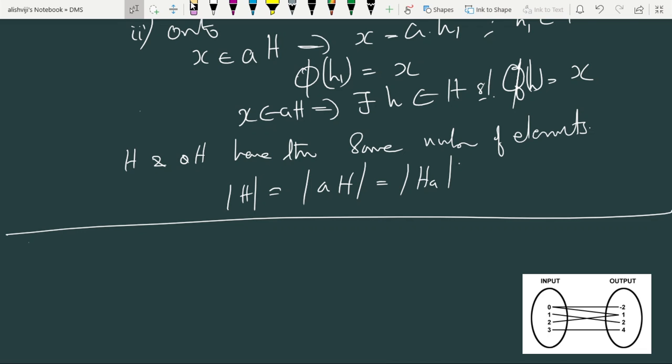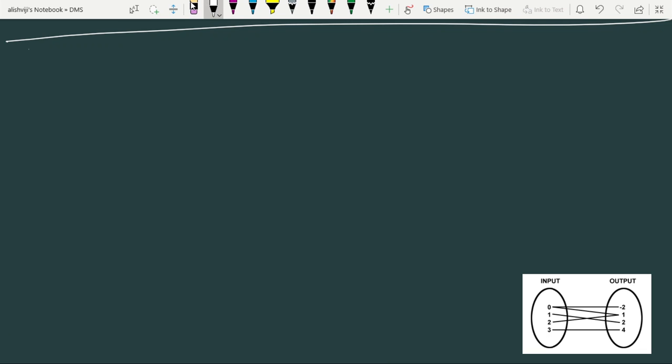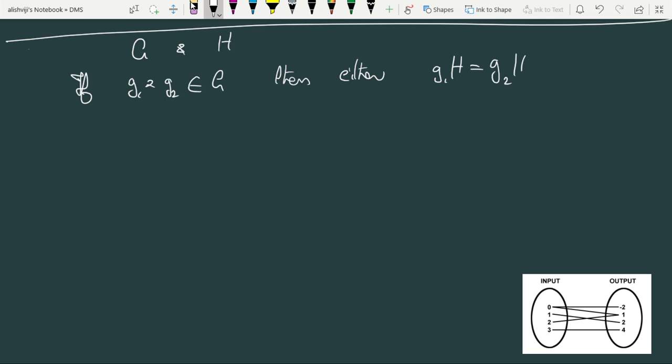And now let's consider a finite group G and a subgroup of G called H. What we are going to prove is if G1 and G2 belong to G, then either G1H is equal to G2H or G1H intersection G2H is equal to the null set.